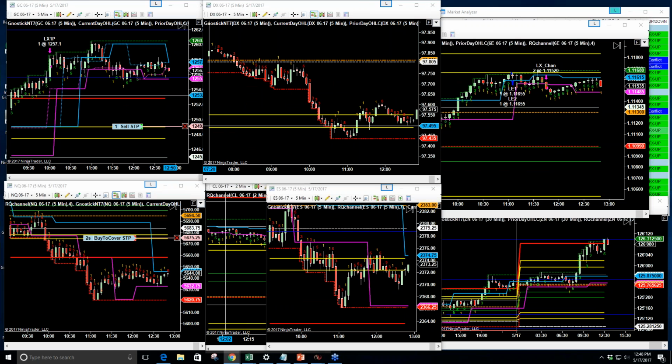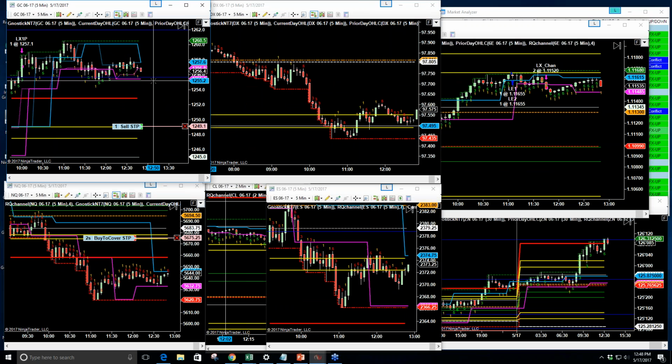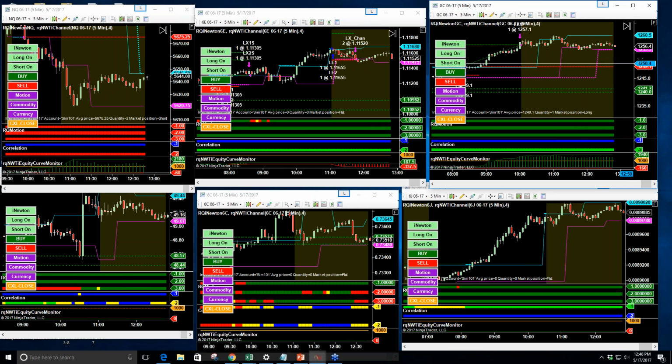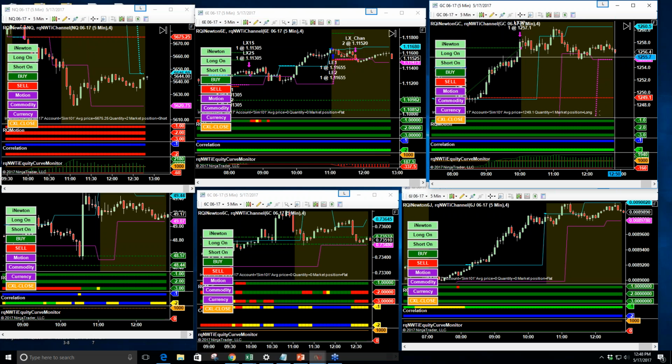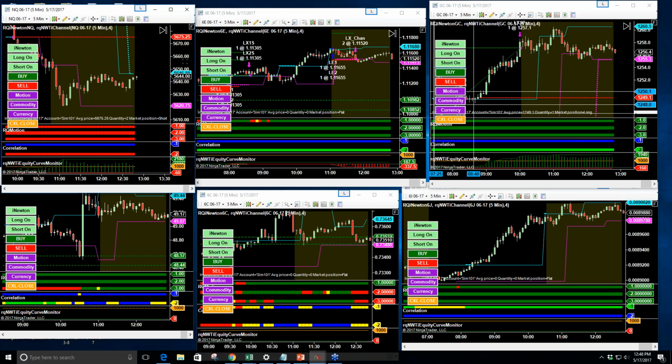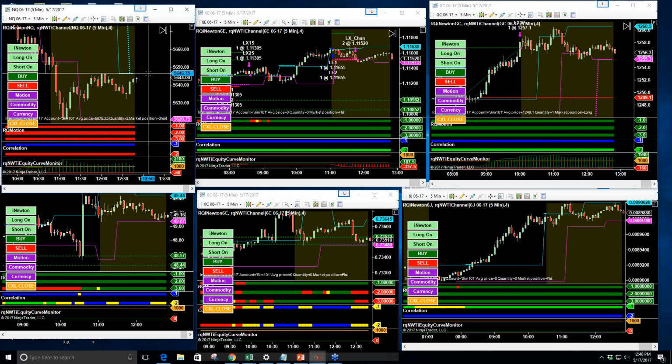By the way, there's a pending dynamic exit on the second contract on gold. For those of you that stayed in there. And here it is. This is the dynamic trailing stop, the RQ channel. And also on the NASDAQ. Here's the NASDAQ. Looks like the NASDAQ's going to hit.